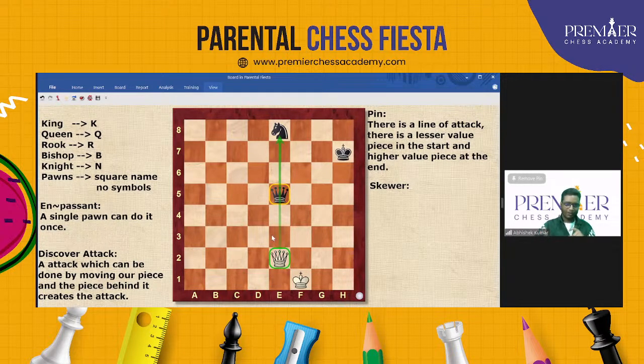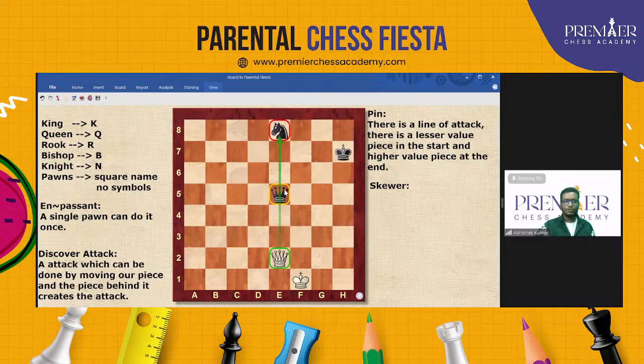And as we are moving forward on this line, what piece are we getting at the end? Knight with 3 points. Very good. So in this, can we say the higher value piece is in front and the lower value piece is at the back? Yes. The higher value piece is in front and the lower value piece is at the back.